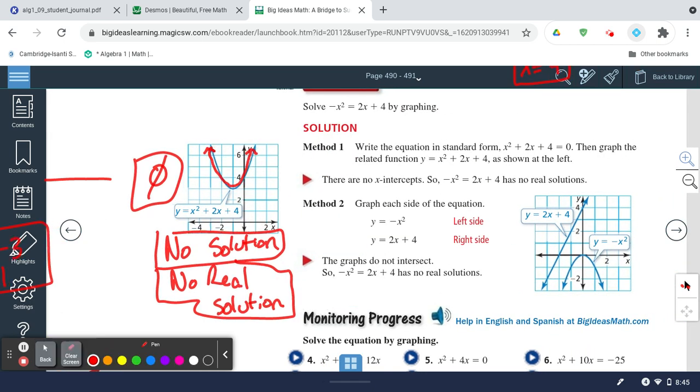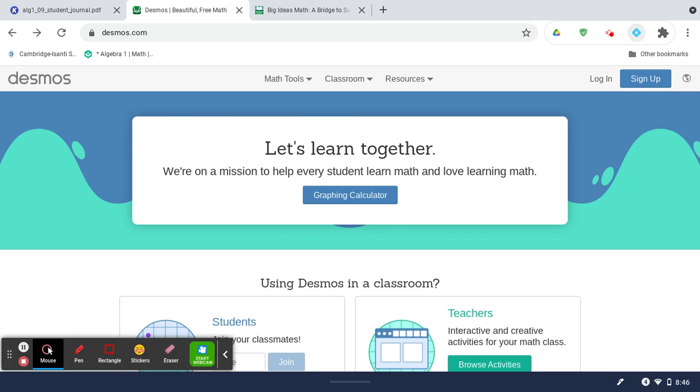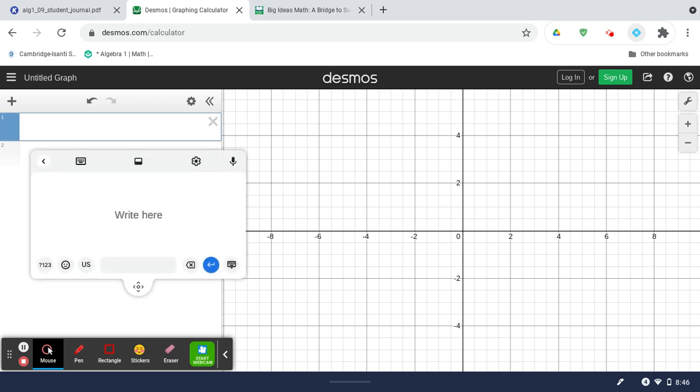Let's do this equation right here. x squared plus 2x plus 4 equals 0. Okay, so I'm going over here to Desmos.com. I have it linked in the homework as well. Hit graphing calculator because that's what we need. Alrighty.